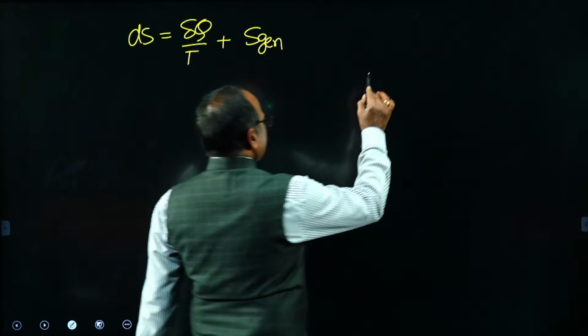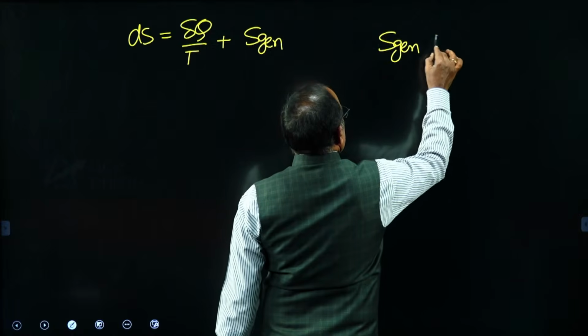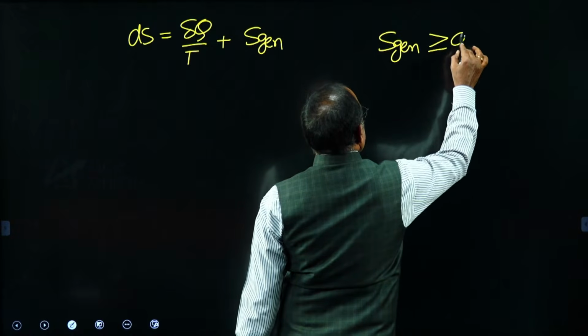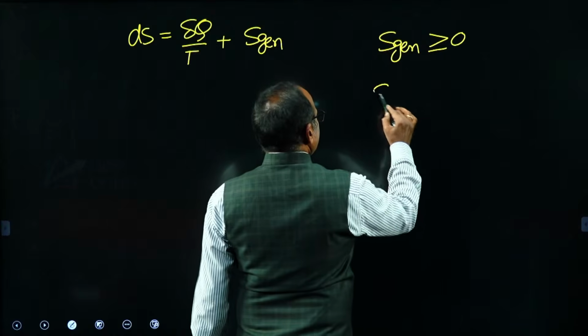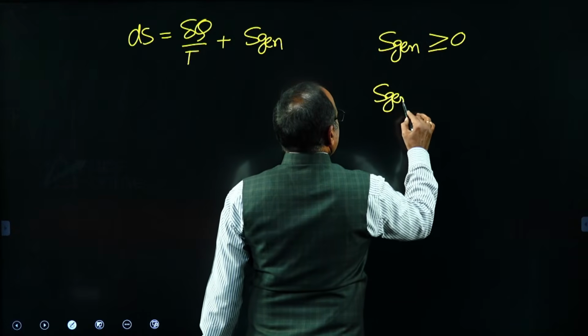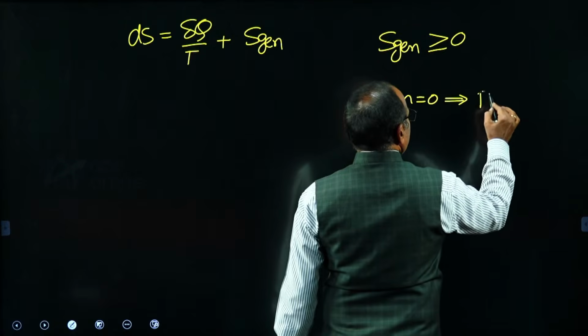This entropy generation is always greater than or equal to 0. This entropy generation is equal to 0 for any reversible process.